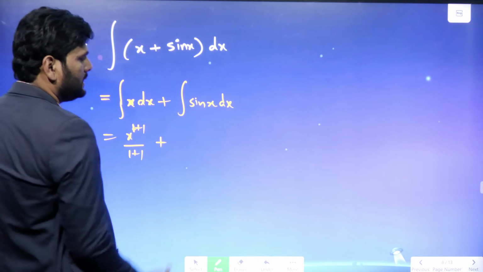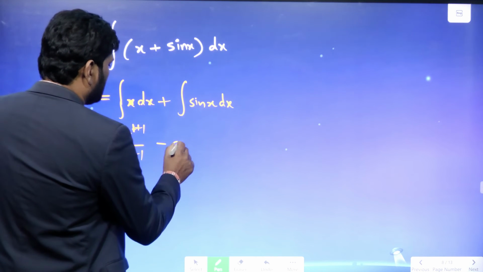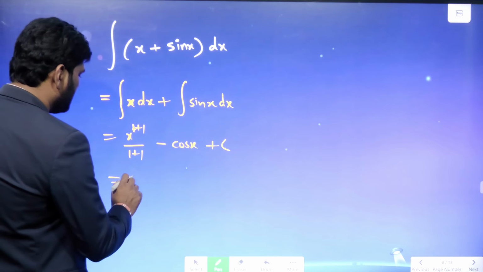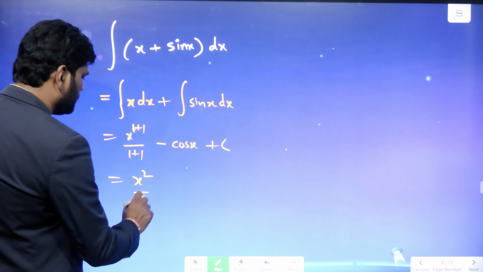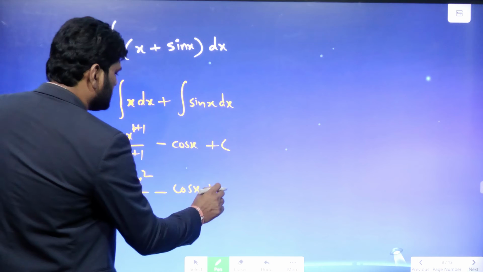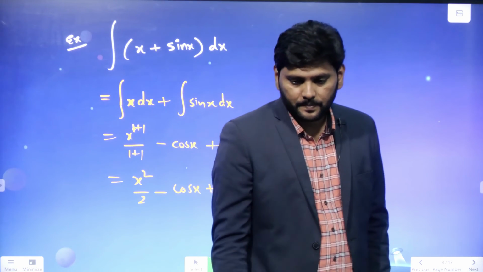Then sin x integration is minus cos x plus c. Finally the answer is x square by 2 minus cos x plus c. So this is the way you have to do the problems.